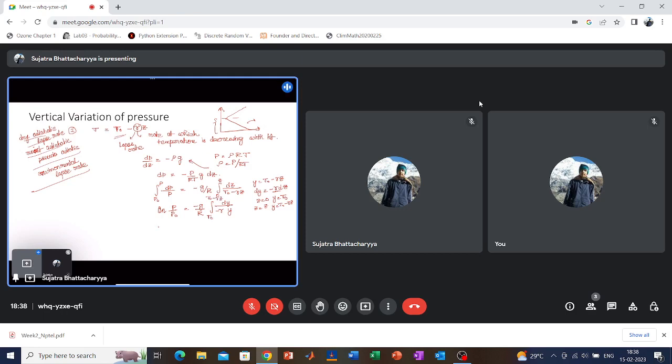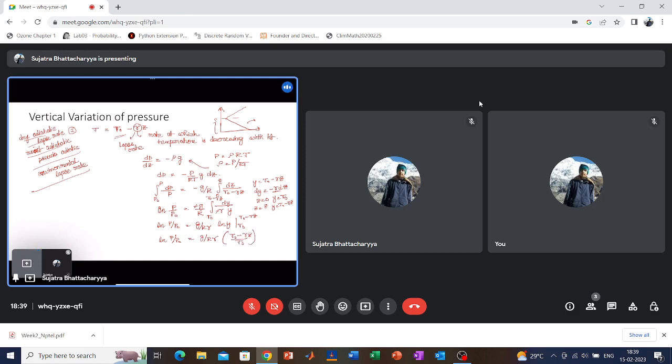Now just write it. Log p by p naught will be equal to, the minus will cancel out, so it will be g by r gamma only, and this dy by y will be log y, going from t naught to t naught minus gamma z. Again writing it down, log p by p naught will be equal to g by r gamma, and what I can write here is log of t naught minus gamma z divided by t naught.